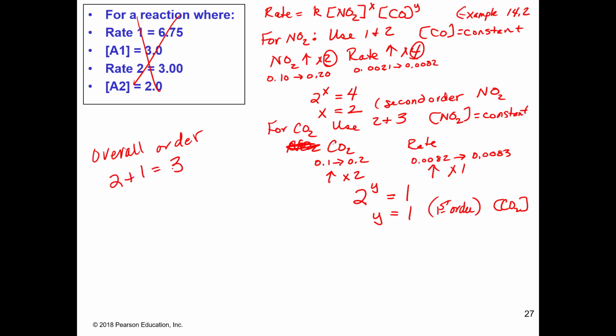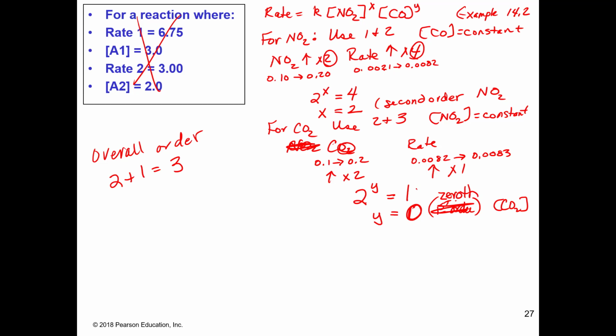So the overall order is, oh wait. Did I do something wrong? 2 to the y equals 1. Oh, so y was what? 0, not 1. Silly me. I need to change my glasses. 0, because 2 raised to the 0 power is 1.